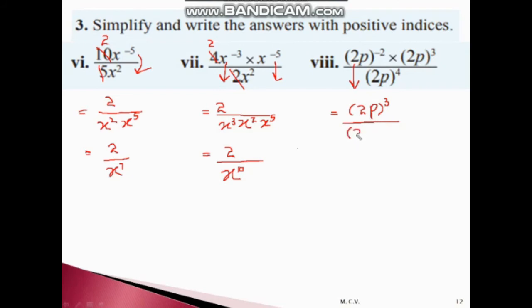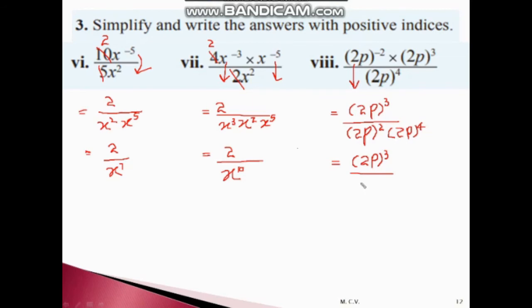And already 2p to the power 4 is there. Then 2p to the power 3 divided by 2p to the power 2, 2 plus 4. Add the indices together. 2 plus 4 is 6.